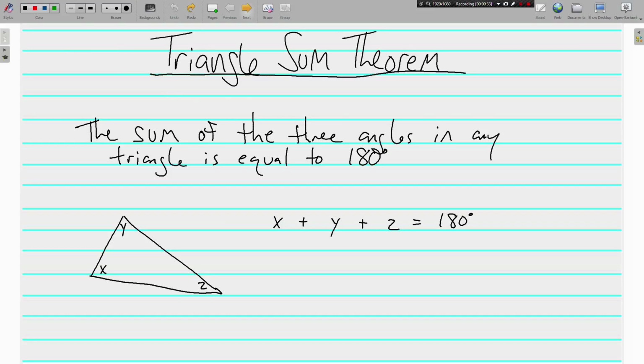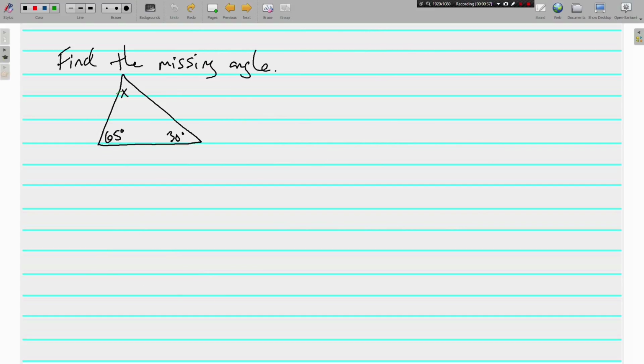We can use the triangle sum theorem to solve problems, to find the missing angle in a triangle like this one. We know that all three angles add up to 180, so let's write that as an equation. 65 plus 30 plus x that we don't know, all combined equal 180.